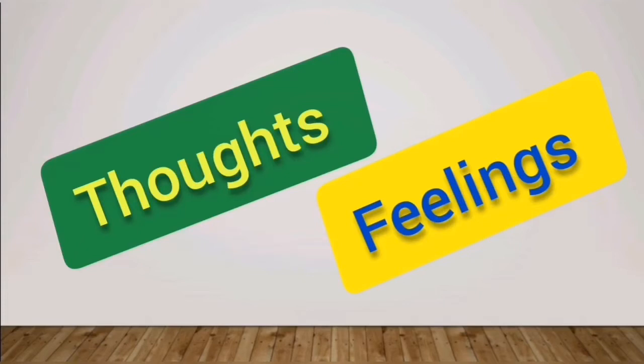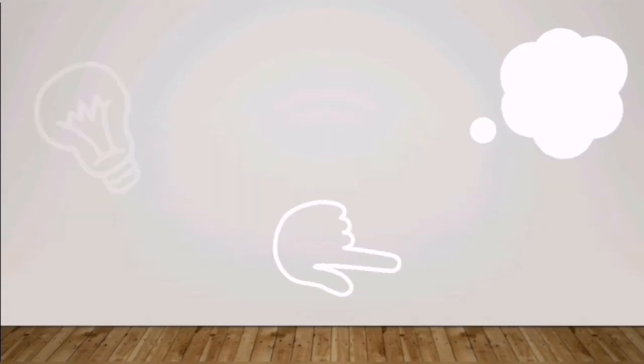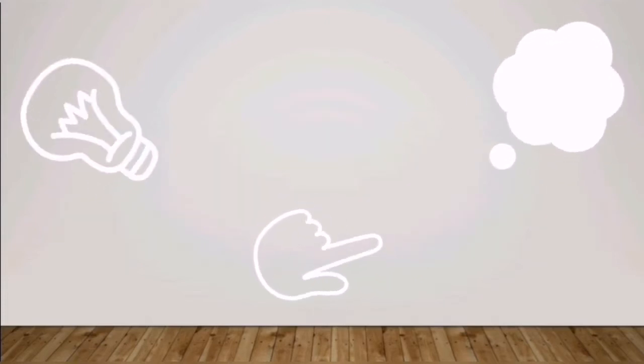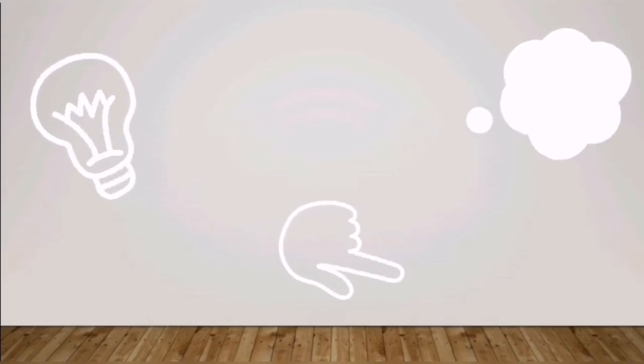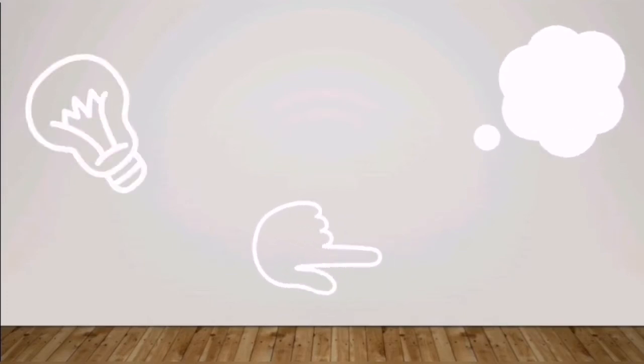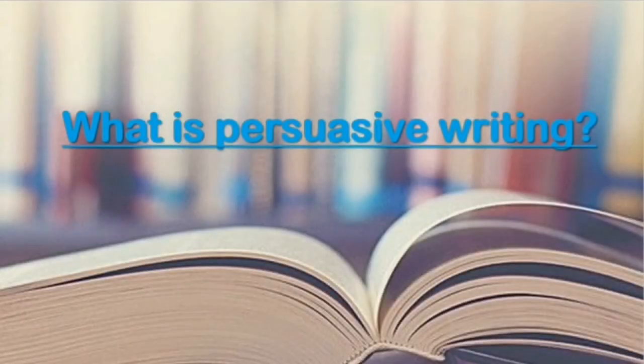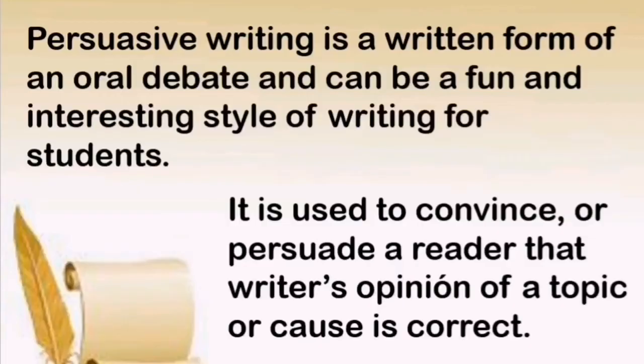Now that we have clarified the meaning of persuasion and you have a better idea of it, it is time to continue with the explanation of persuasive writing. What is persuasive writing? Persuasive writing is a written form of an oral debate and can be a fun and interesting style of writing for students.